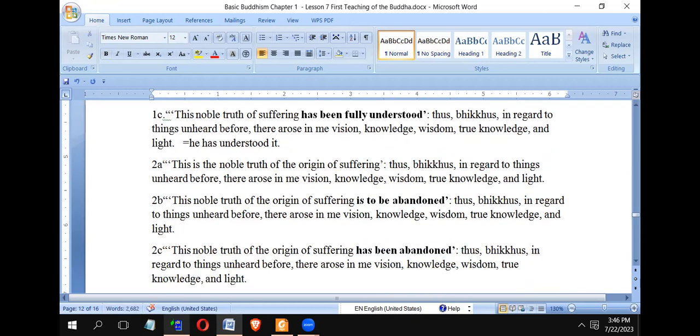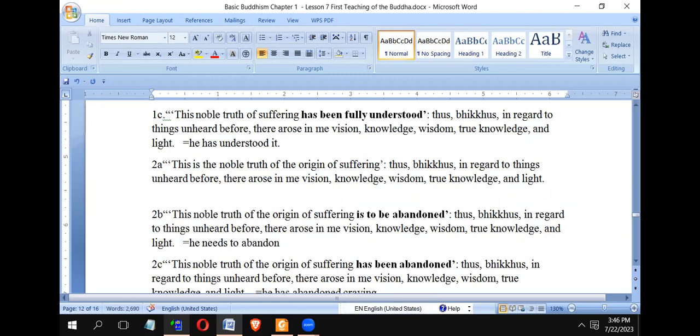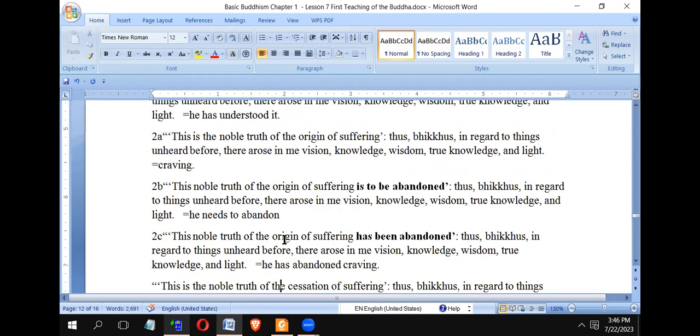So he knows that he needs to abandon, and then has abandoned. He has abandoned what? Having abandoned the craving, right? So the second noble truth is craving. So the Buddha knows that he needs to abandon the craving, and he has already abandoned the craving.